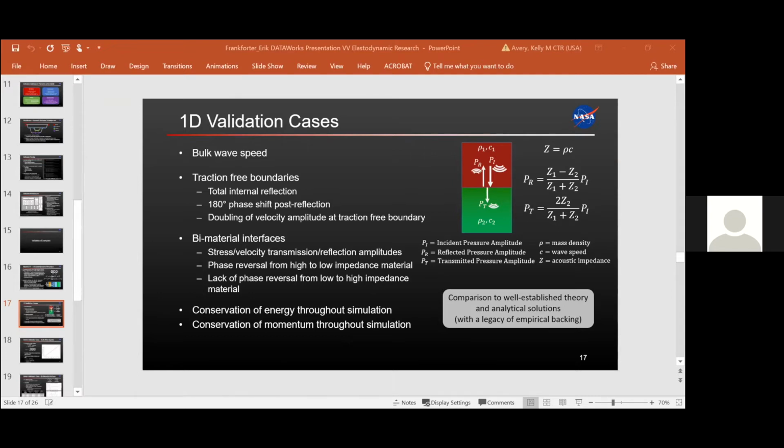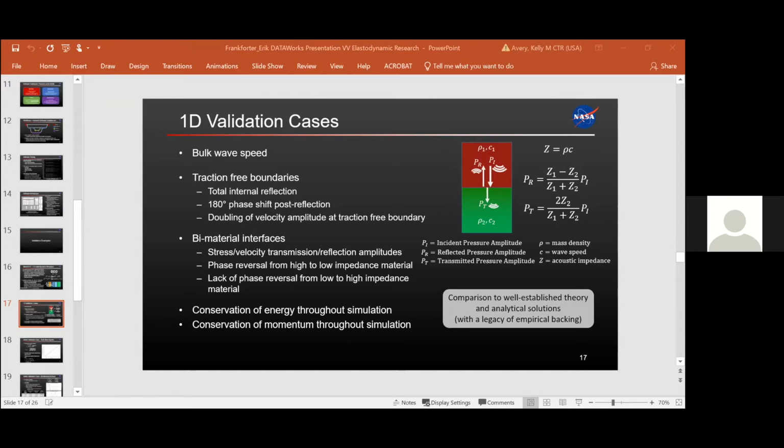We're able to do a kind of transitive validation where we have a legacy of well-established theories in elastodynamics and we strongly tie to characteristics of those theories. Then we're able to say, well, those approaches and theories have been validated. Now our 1D case can be strongly tied to that.